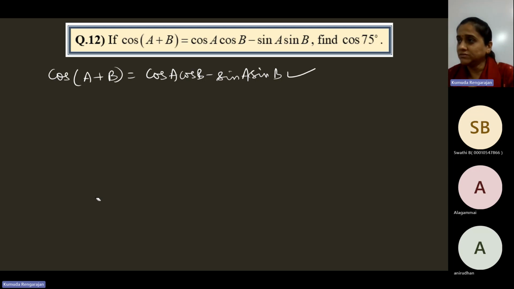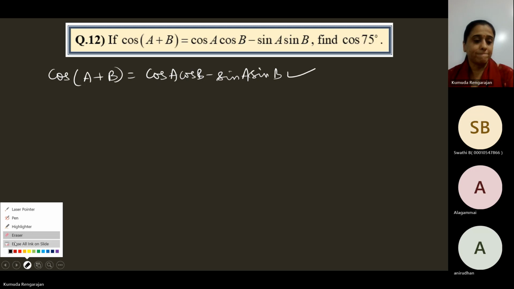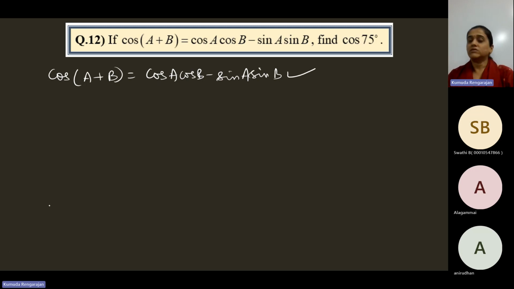You understand the question? What is given here is a formula. Cos of A plus B is equal to cos A cos B minus sin A sin B. Using this formula, you should find cos 75. That means A plus B is 75.